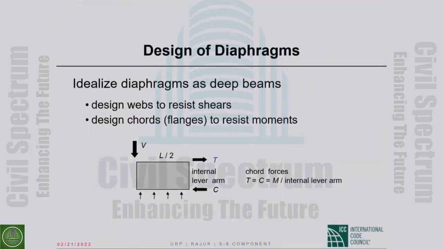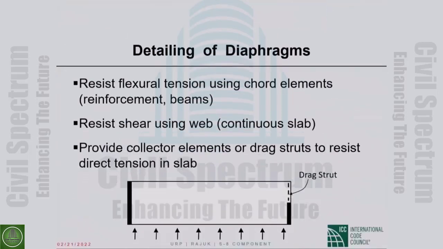Design of diaphragms: the web of the diaphragm is designed to resist shear, and the bending is resisted by the tension and compression chords. The tension force in the tension chord and the compression force in the compression chord, the couple between the two, resist the moment.